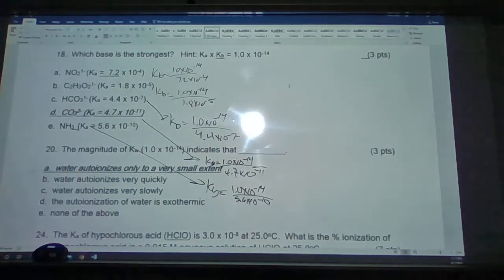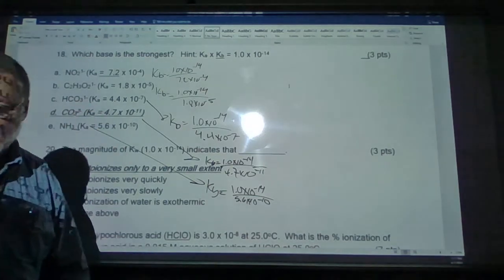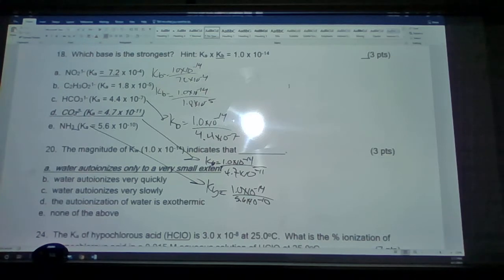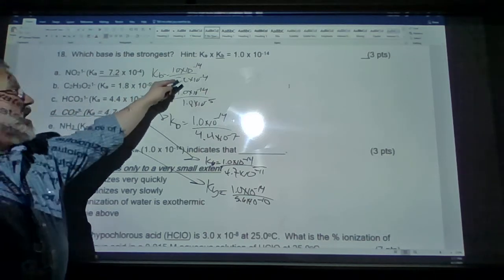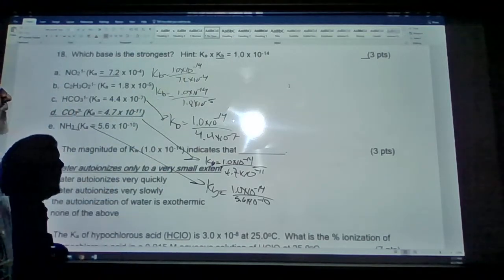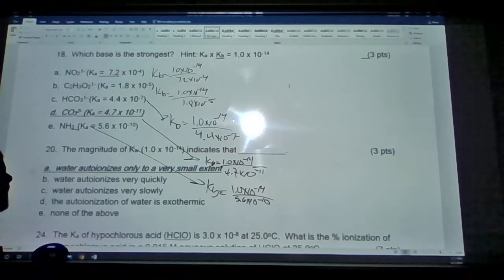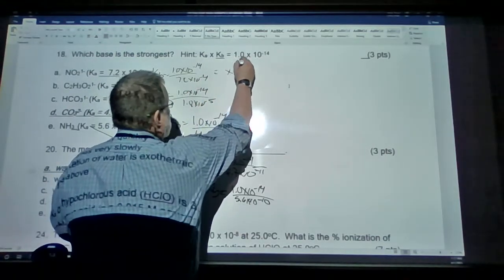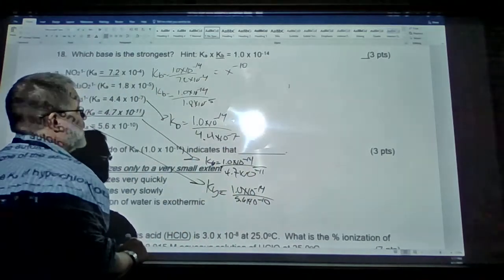Real quick way to solve these is, when you are dividing values that have exponents, times 10 to the minus whatever that is, you subtract this bottom number from the top number. So 14 minus a minus 4 gets us a value of something times 10 to the minus 10th.